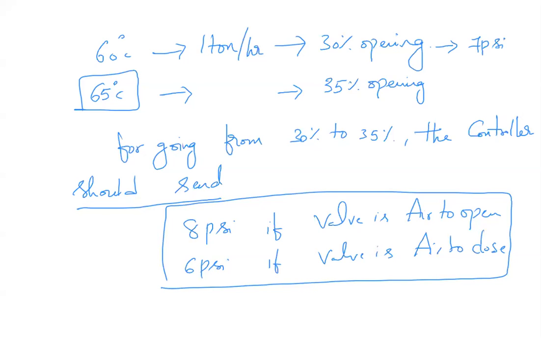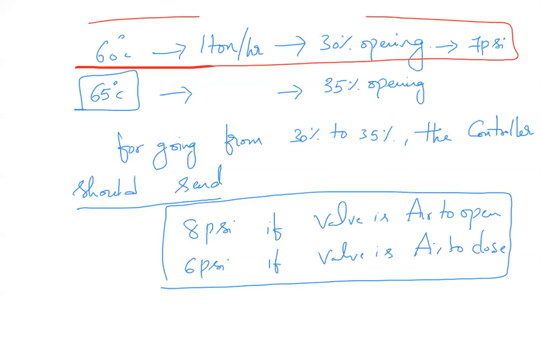Now this is my steady state. Going from the steady state, let's say the situation has come where the temperature of the CSTR is 65 degrees. Now the valve opening should go to 35% opening.